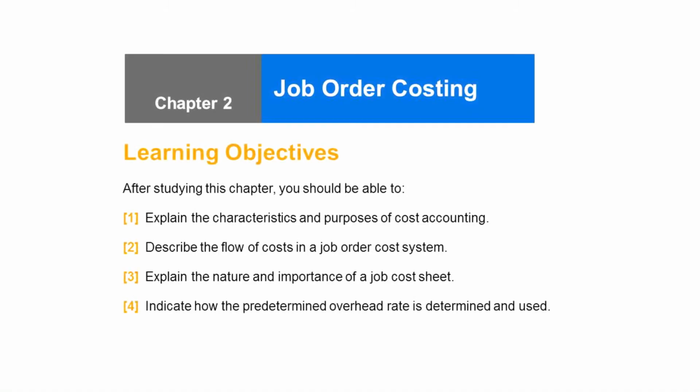Today we will cover Chapter 2 on job order costing, and the objective for the course will be to explain the purpose of cost accounting. Then we'll talk about the job order costing system and distinguish it from the process costing system.